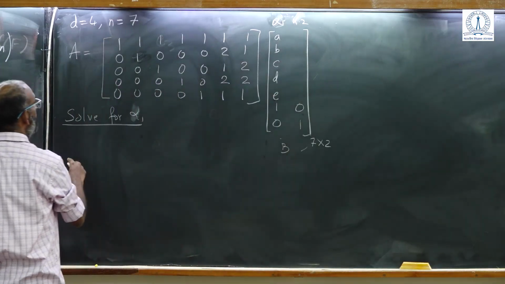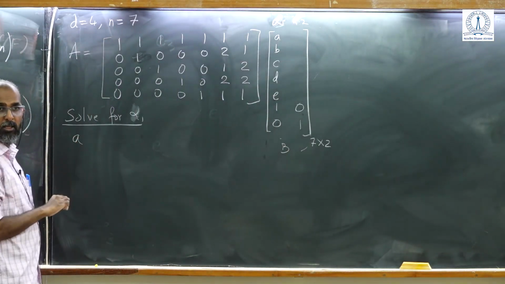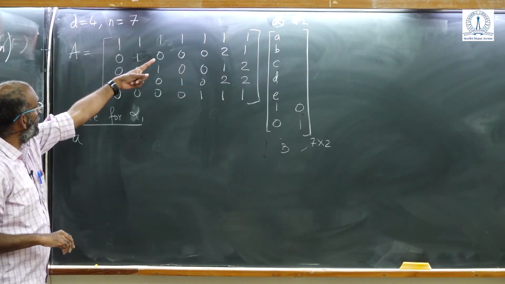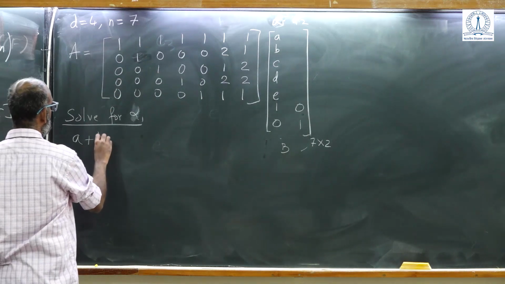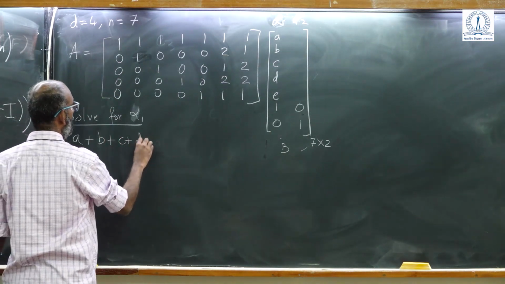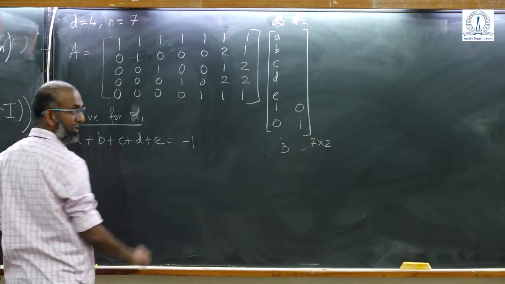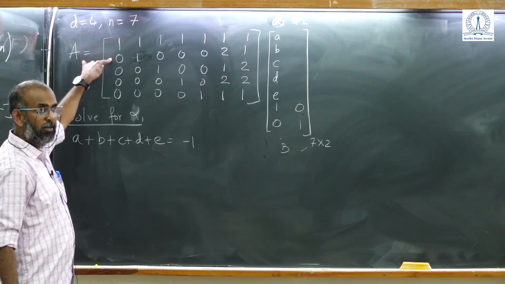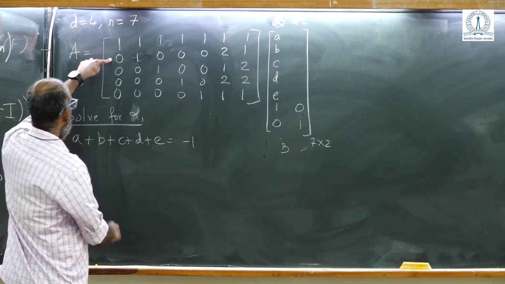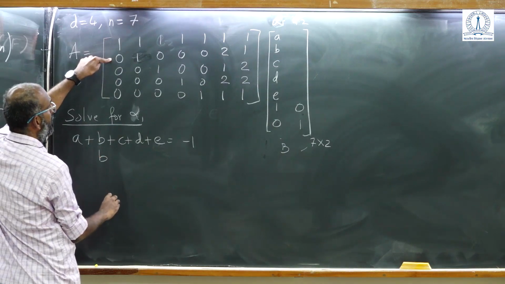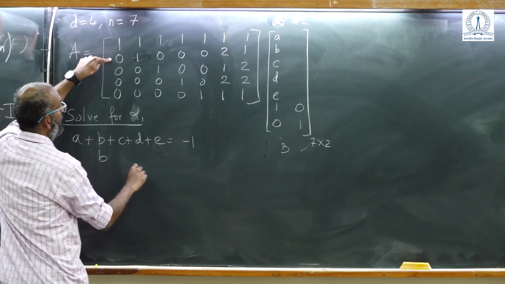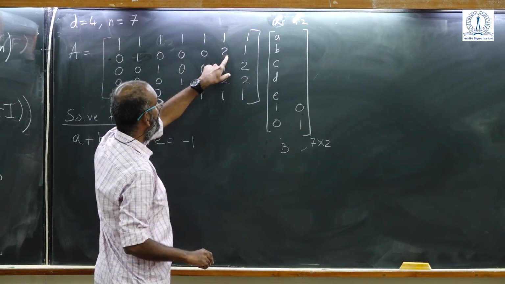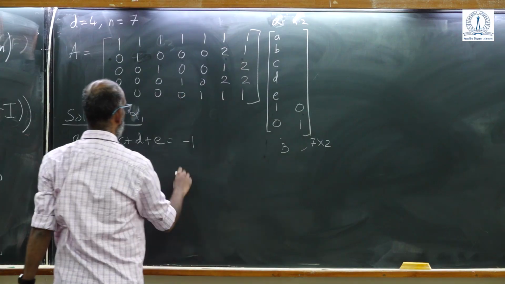Right, so the first equation says what? So it will say A plus C plus D plus E is -1. Right? Now let's look at the second equation. So it will say B, there's nothing C, nothing D, nothing E, plus 2 is equal to 0.